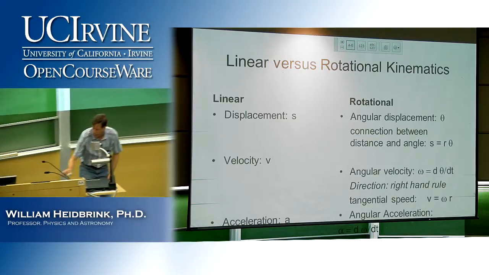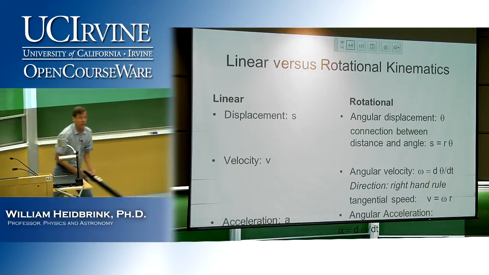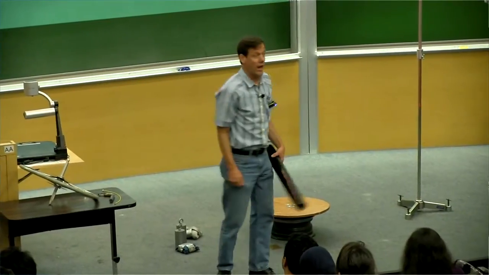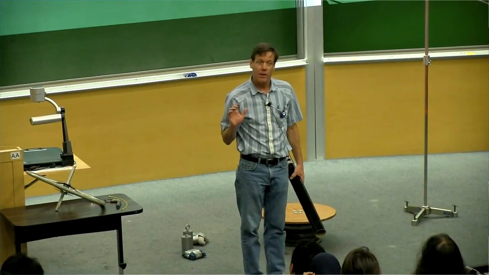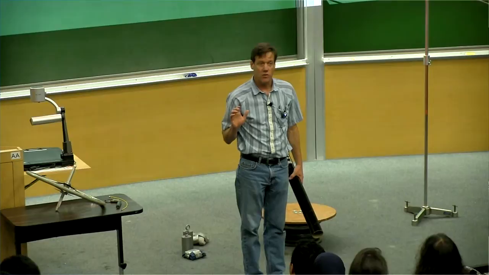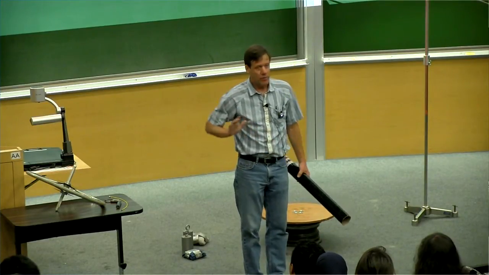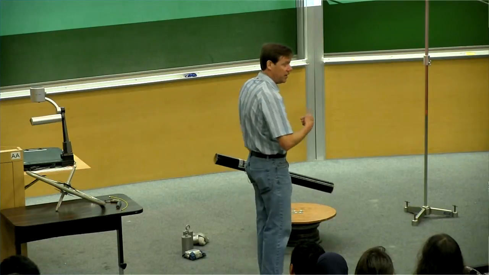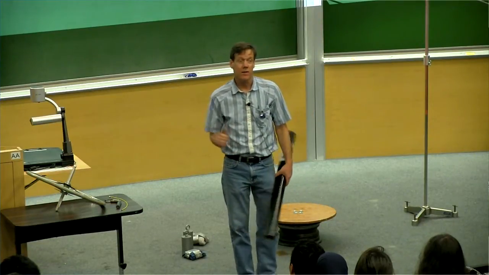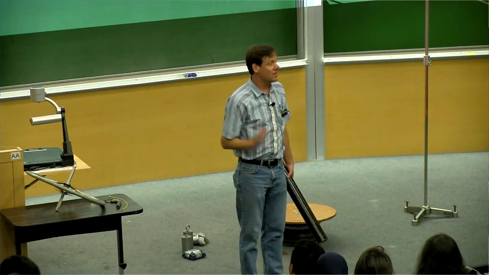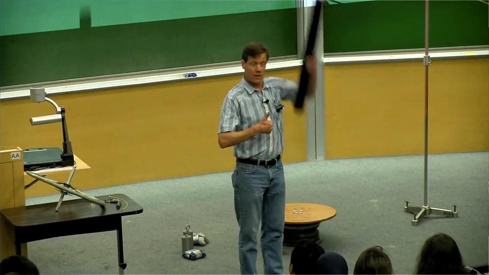To prove to you that there are three different directions for rotation, of course I can go this way. Now the way we describe the direction for rotation is to use the right-hand rule. So if you take your fingers and have them curl in the direction that the object is spinning, your thumb will point along the axis. So if I'm going like this, the direction for the axis is up.